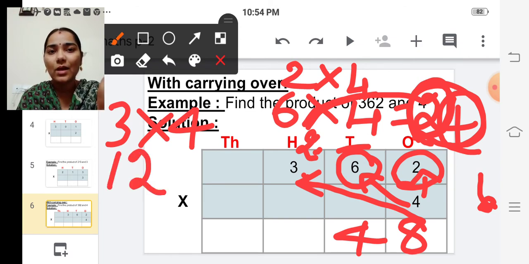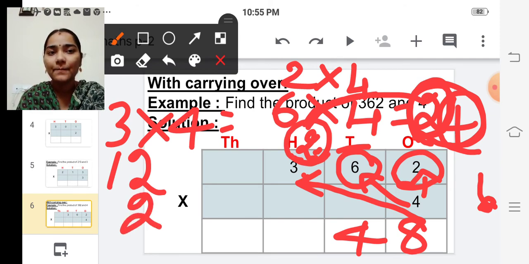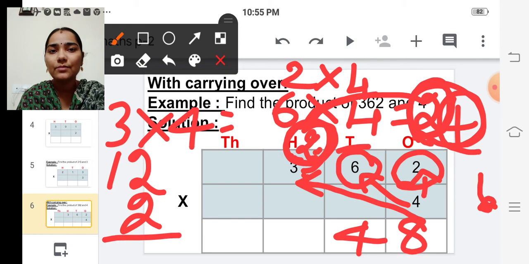With 12 only you have to add this 2. The carried over number is 2, isn't it? So 12 plus 2 is 14.